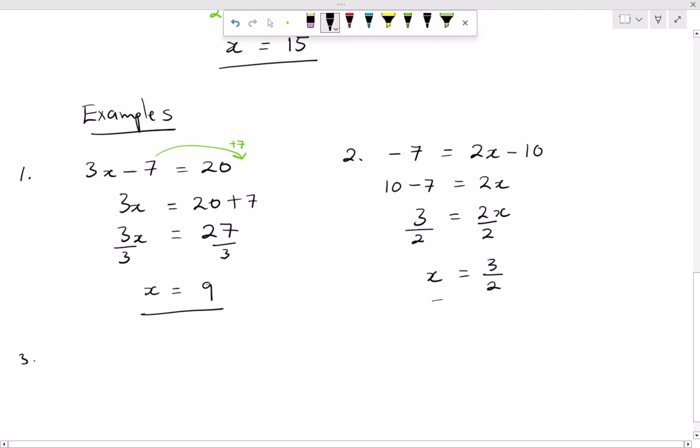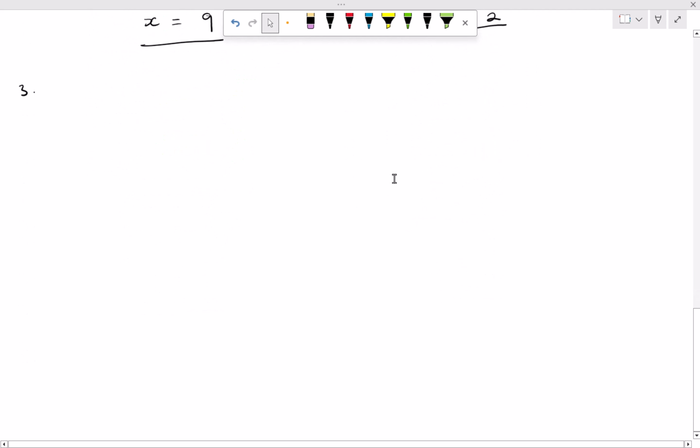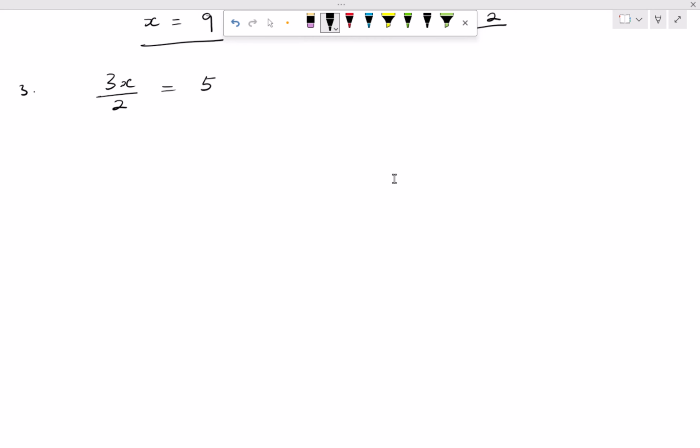Okay, so now let's do example number 3. We have a fraction, 3x over 2 is equal to 5. And remember, from our techniques, we said if we have a fraction, we multiply by 2. So it's the same as saying we're going to multiply this side by 2, and we're also going to multiply the other side by 2.